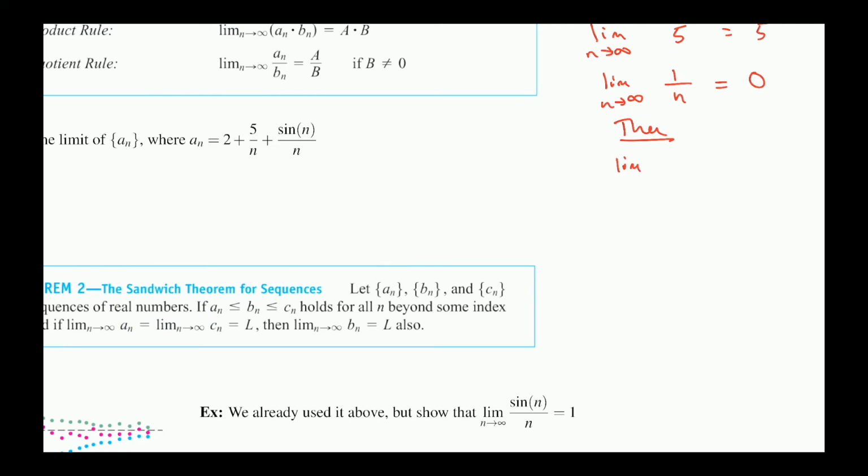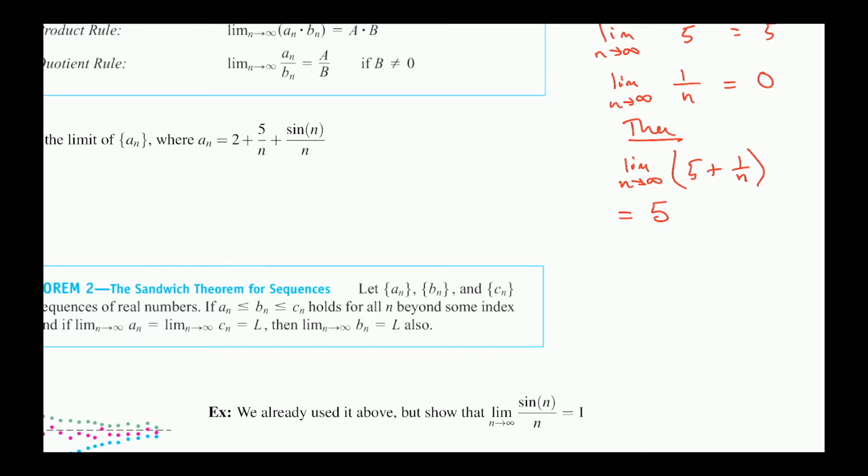Well, if you do the limit as n goes to infinity of, let's say, 5 plus 1 over n, you don't have to do anything super complicated there. You should just say, well, what's happening? The limit as n goes to infinity of 5 is 5, and the limit as n goes to infinity of 1 over n is 0. So the result is 5.